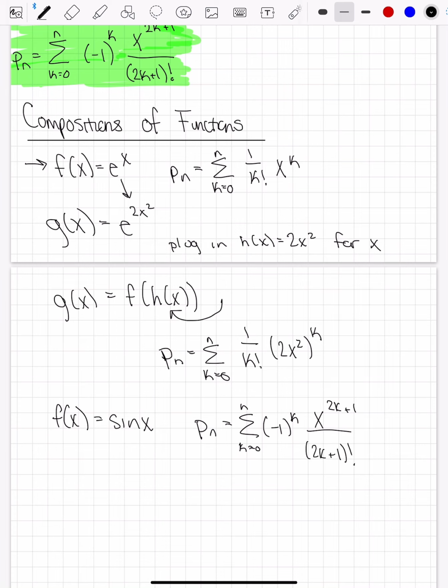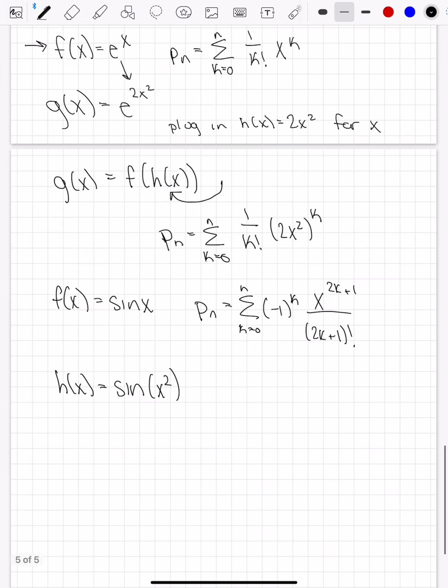If I wanted to find the polynomial for some function h of x equaling sine of x squared, I'm just plugging in x squared for x on my series expansion form of the function. So this would be x squared to the 2k plus 1 over 2k plus 1 factorial.